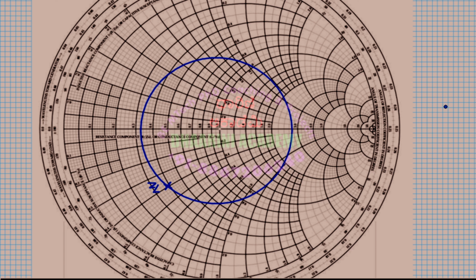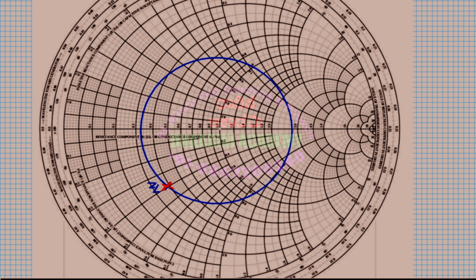Now once this is done, the next thing: if you remember the derivation we did, in order to perform the impedance matching, we converted the ZL into YL first, correct? Impedance converted into admittance values. How to do that?